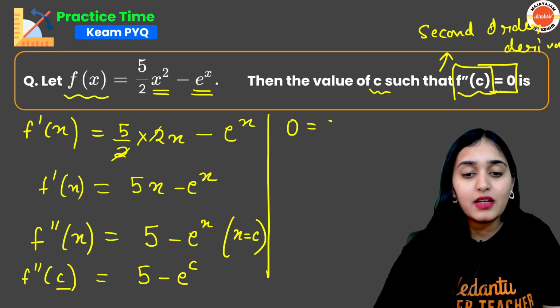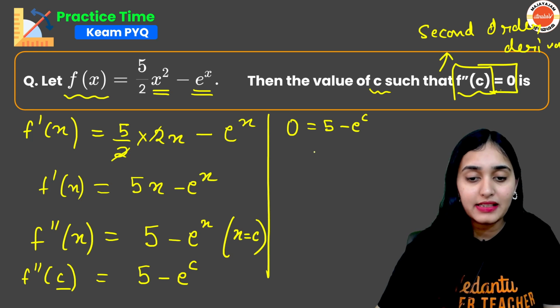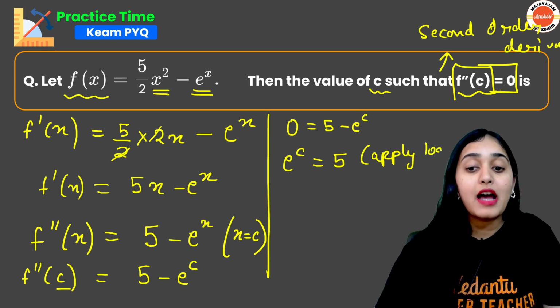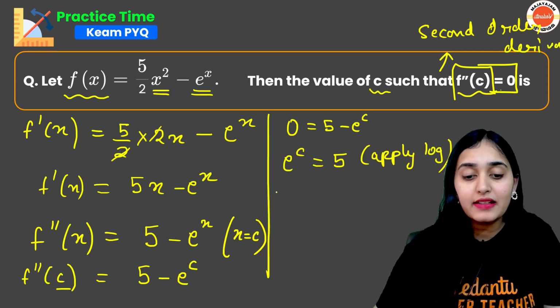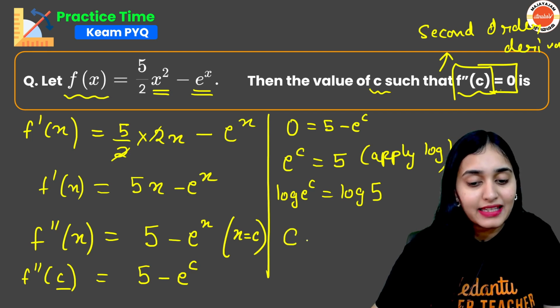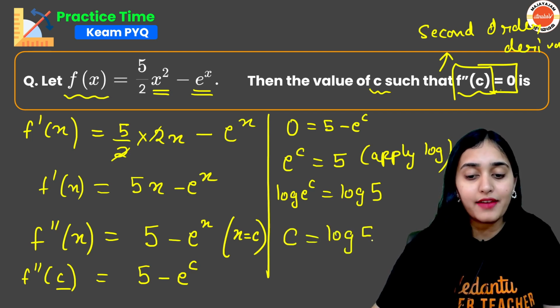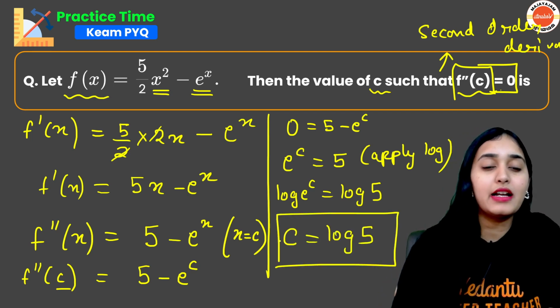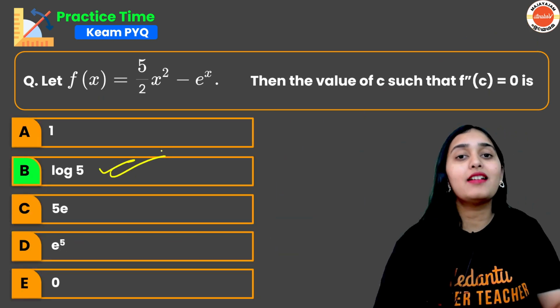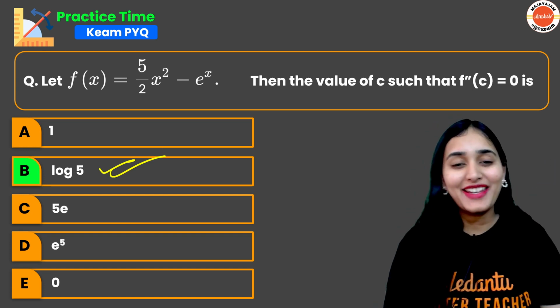So 0 is equal to 5 minus e to the power c. So e to the power c is equal to 5. Now you apply log on both the sides. So log of e to the power c will be log of 5. Log of e to the power c is c. C is equal to log 5. So what should be your answer? It should come log 5. Yes, option B is the right answer. C is log 5.